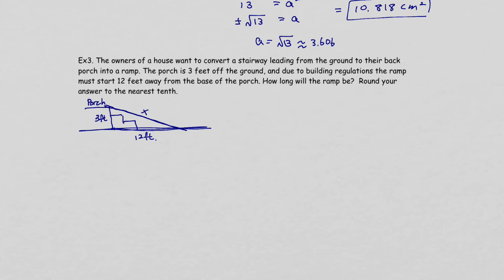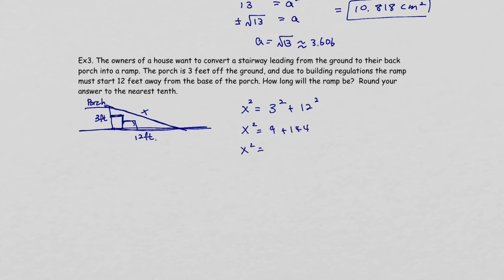So again, this is a right triangle. So that shows, right? This is going to be a right triangle. And you're looking for the hypotenuse. So hypotenuse squared will be equal to 3 squared plus 12 squared. That gives you 9 and 144.